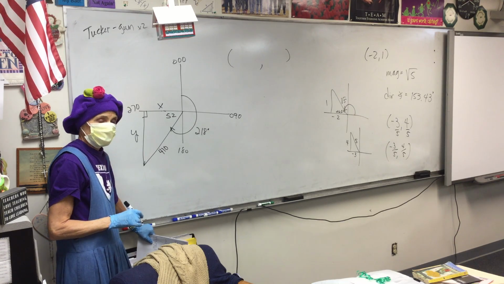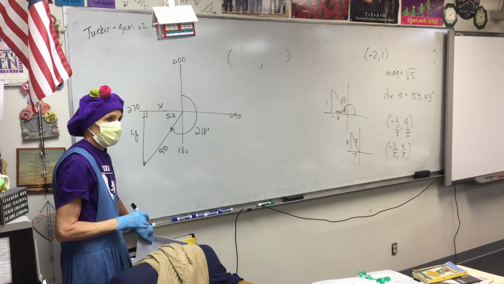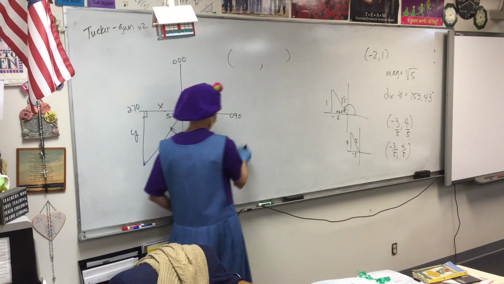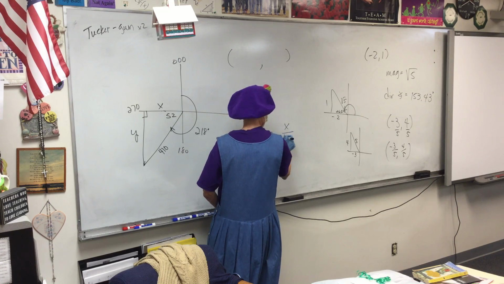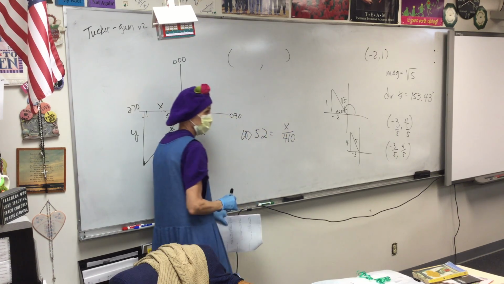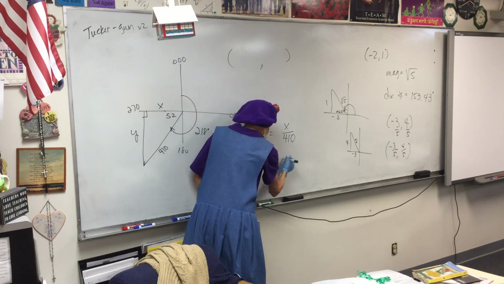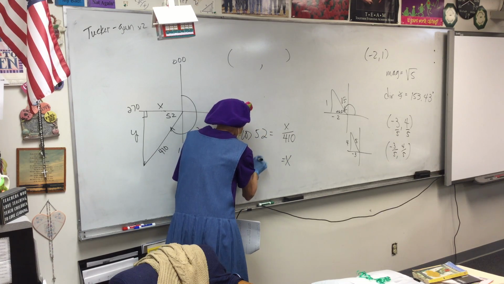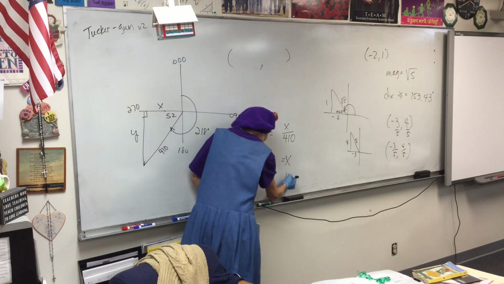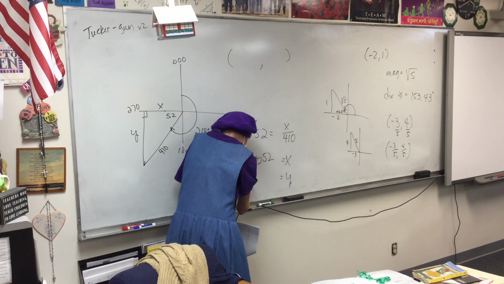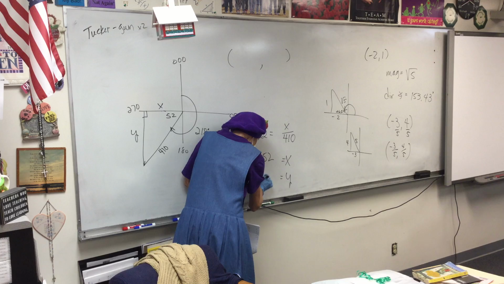So then what do I do? Cosine 52 equals x over 410. So x equals 410 cosine 52. And what does y equal? 410 sine 52.